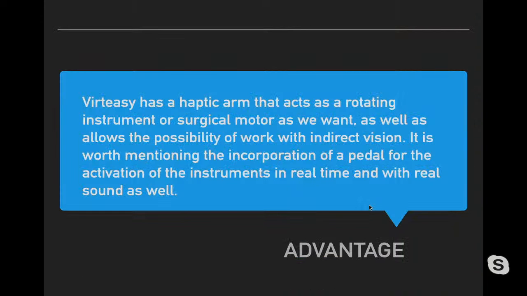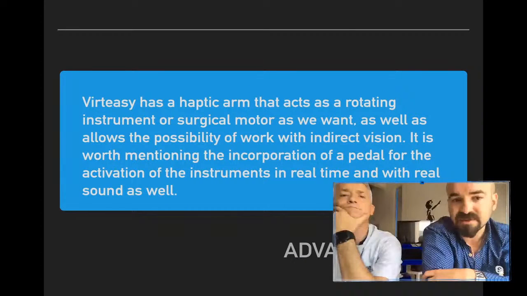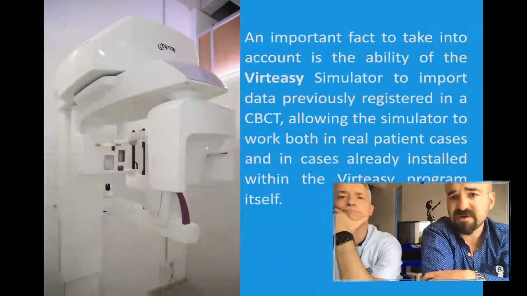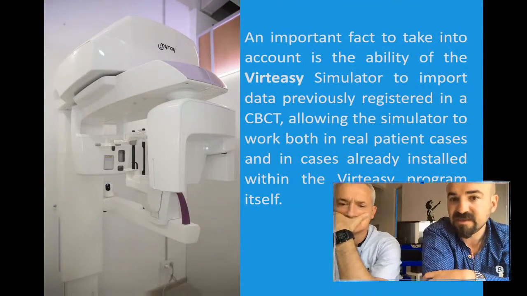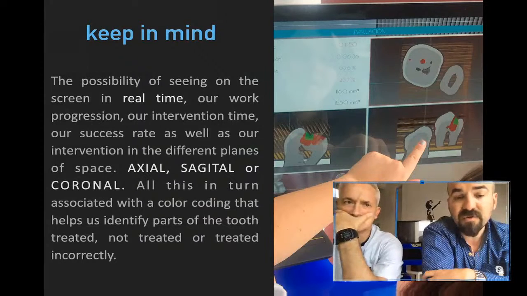Virteasy has a haptic arm that acts as a rotating instrument or surgical motor as we want, as well as allowing the possibility of working with indirect vision. An important factor is its versatility, allowing the simulator to work both in real patient cases and in cases already loaded on the screen in real time.